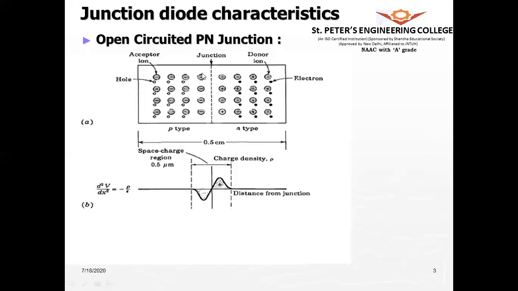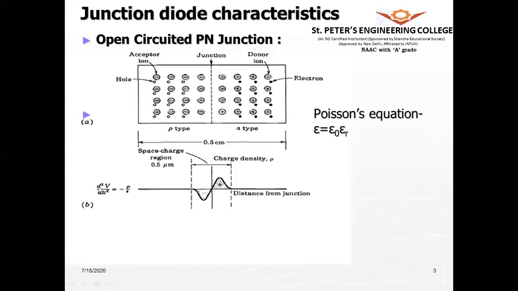This is the junction. The charge density will vary with the distance from the junction. On one side of the junction we have the positively charged region, and here we have the negatively charged region.